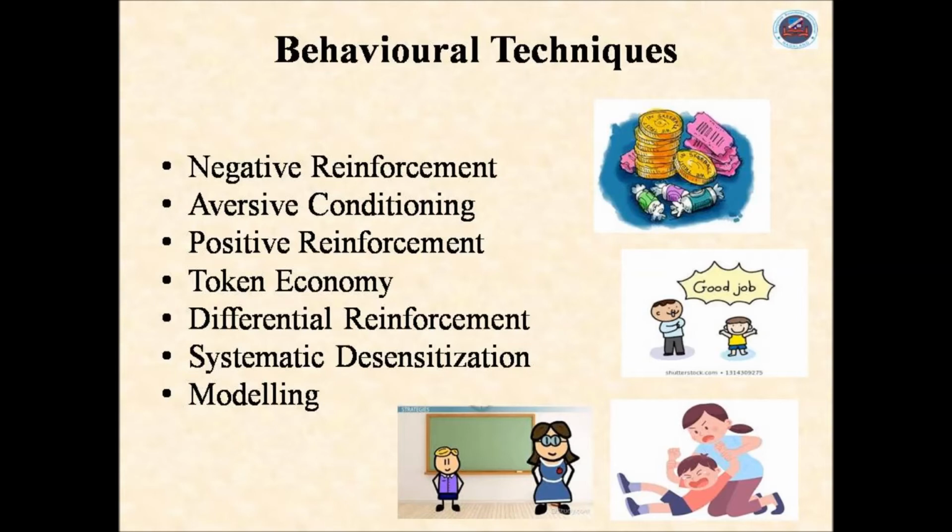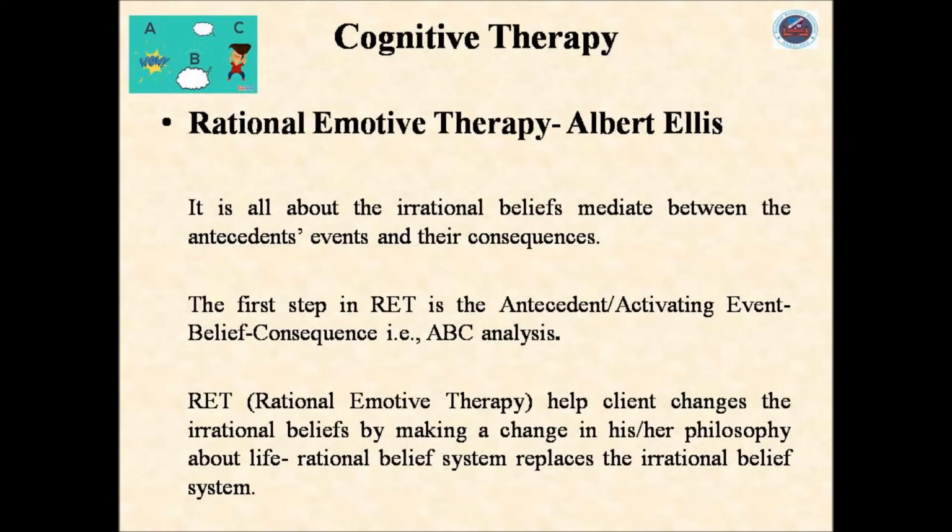Cognitive therapy. The first one is the rational emotive therapy by Albert Ellis. In this slide, we will be discussing rational emotive therapy, which was introduced by Albert Ellis. According to this therapy, it has more in common with the therapies that are oriented towards human cognition and behavior.